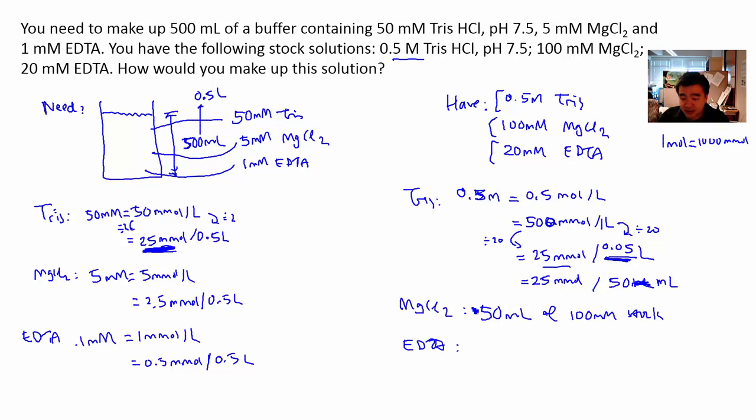Oh no, sorry, that should be 25 milliliters. I forgot it's a 500 final. And for this other one, you should also need 25 milliliters of the 20 millimolar EDTA stock.